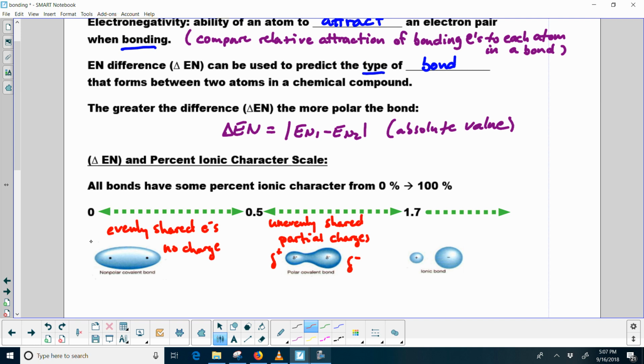So as the electronegativity difference gets bigger and bigger, you have more and more of these partial charges forming. Eventually you get to the point where the partial charges are so large, in fact, and the attraction of the bonding electrons is so large by one element that the electrons are actually transferred over. And this happens when the electronegativity difference is over 1.7. So here there's no sharing. Instead, what happens there is a transfer of those electrons from one atom to another.